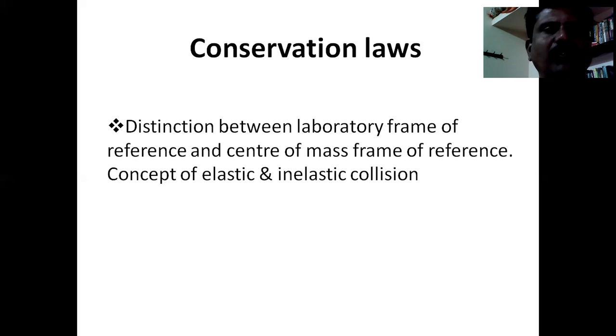Whenever we want to study the motion of any object, in order to describe the position of that particle or object in space, we fix a certain coordinate system to some reference. That coordinate system we call a frame of reference. So in general, a frame of reference is nothing but a system of coordinates which defines the position of the object or the particle.